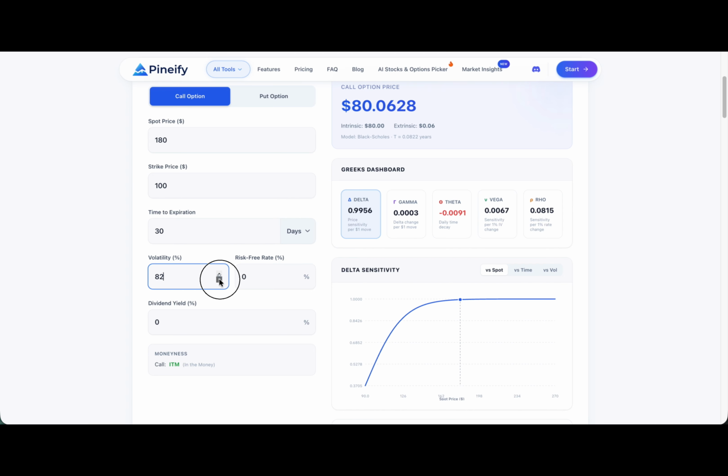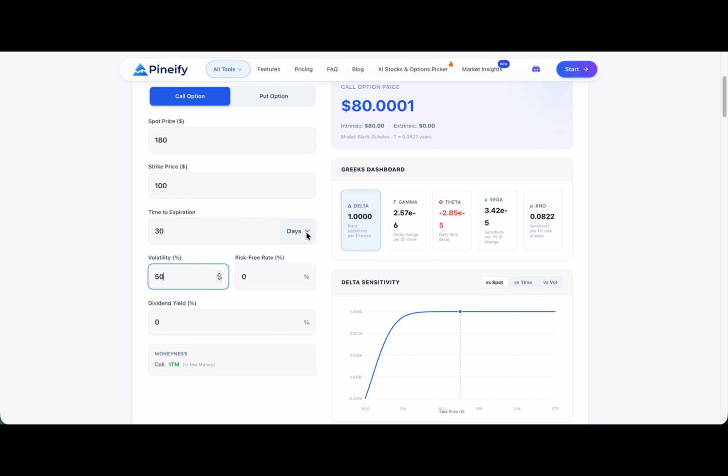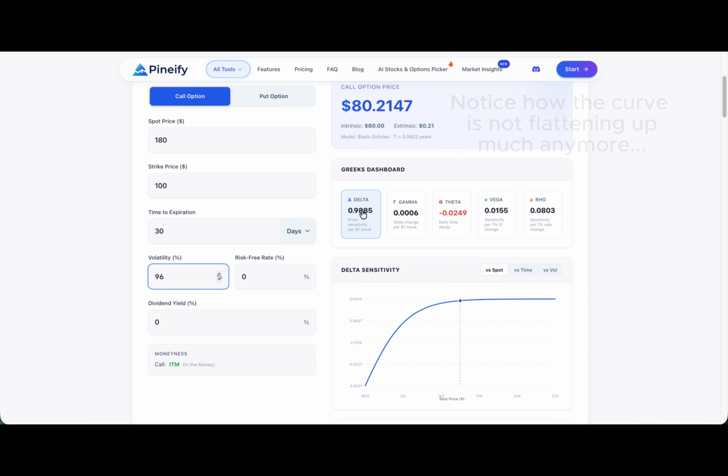At this point in time, for example, if we use here 50% with a delta of 1, that means that for sure this option has 100% probability of finishing in the money. But as we crank up the volatility, at this point in time it is no longer 100%. It is less. And as we crank up the volatility, the Vega continues to increase.